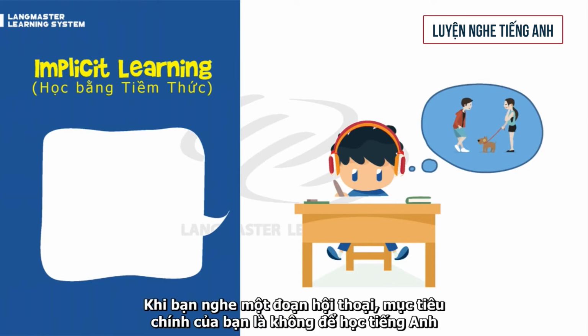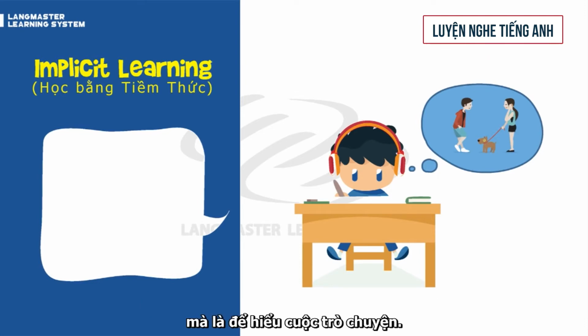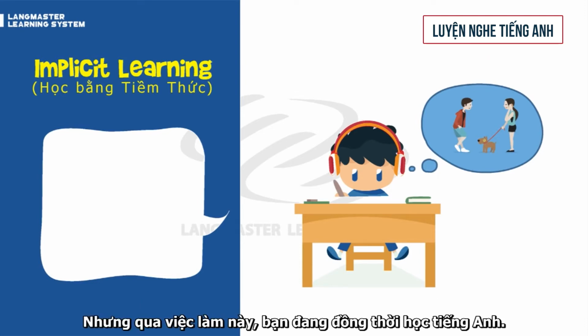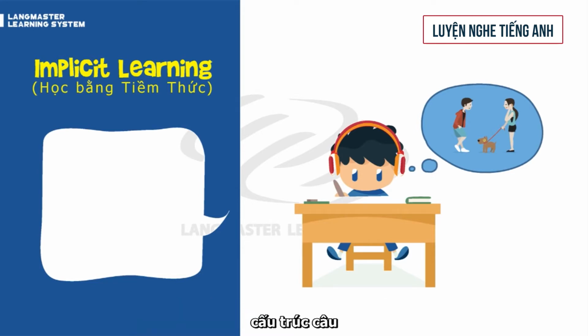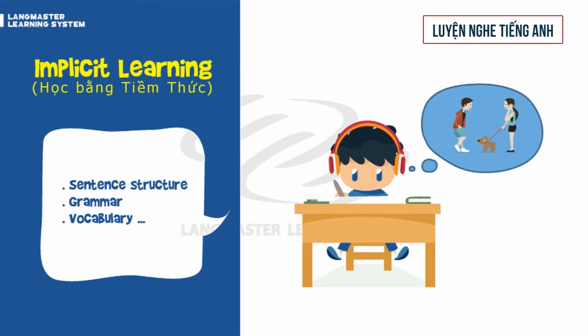When you listen to a conversation, your main goal is not to learn English, but to understand the conversation. But by doing this activity, you're simultaneously learning English. You may not realize it, but you're learning many aspects of the English language. The sentence structure, the grammar, the vocabulary, and so on.